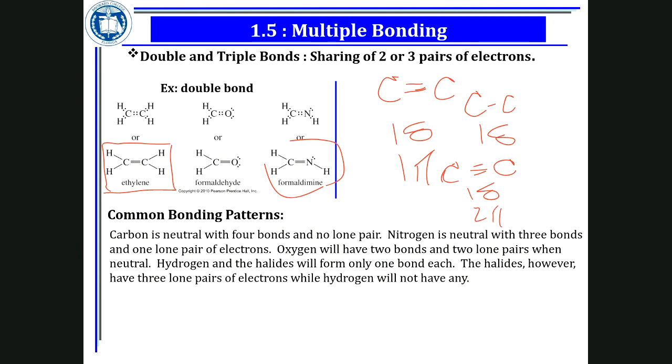So how many sigma bonds we have for ethylene? So basically, very good. So you're counting, let's count 1, 2, 3, 4, 5. So 5 sigma bonds. And how many pi bonds do you have? 1 pi bond. So we have 1 pi bond and 5 sigma bonds.